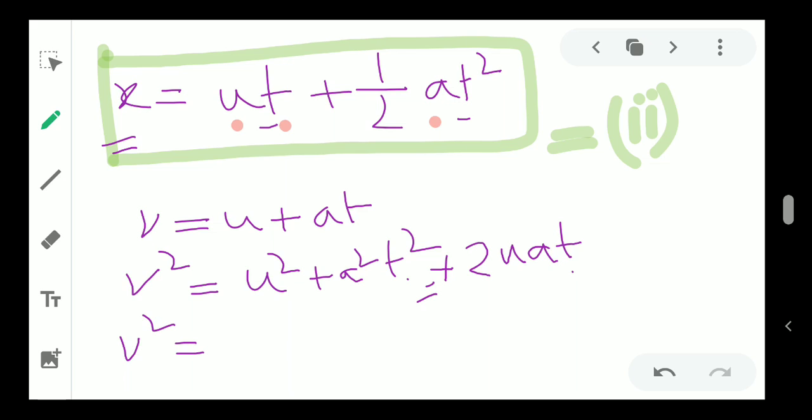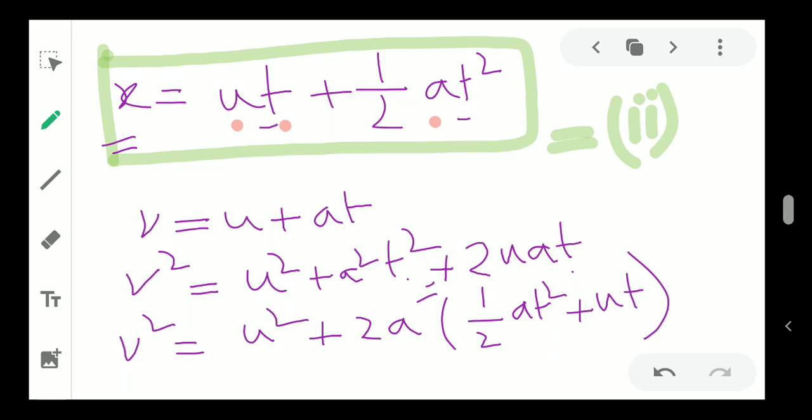You can see that I keep u square as usual, and from the rest if I take 2a common, I will have half at square plus ut, and surprisingly this and this are the same thing. So instead of this whole thing, I can write v square equal to u square plus 2ax, right?